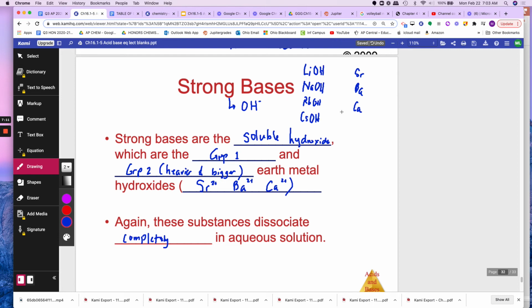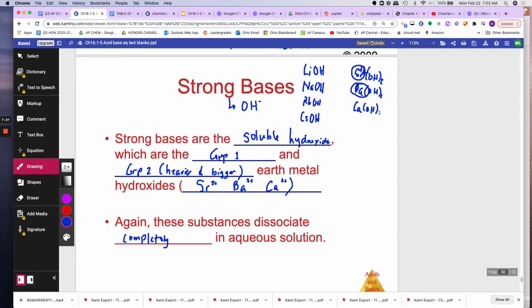In group 2, you only pick the bigger ones, and it gets bigger. I'm sorry, calcium is above there. But these are the big group 2 metals, which means the bond between that and the OH is longer, so the OH comes off. This is Sr2+, so you will need 2 of the OHs. So Ba(OH)2 and Ca(OH)2 are among the strong bases.